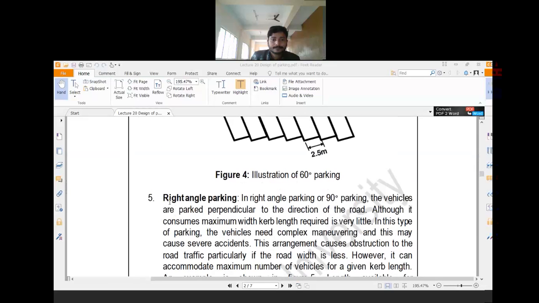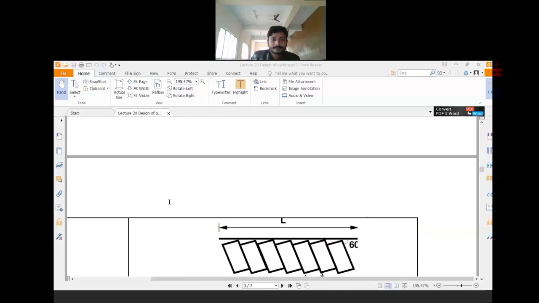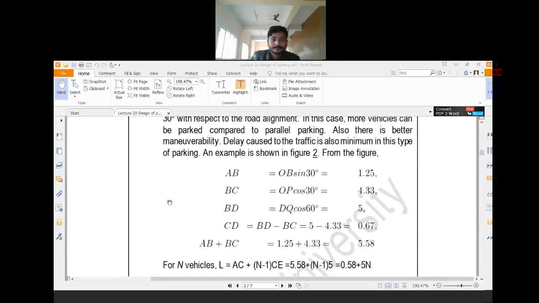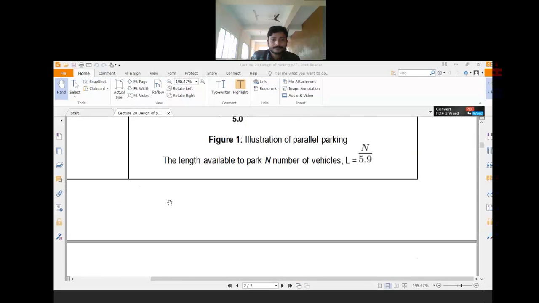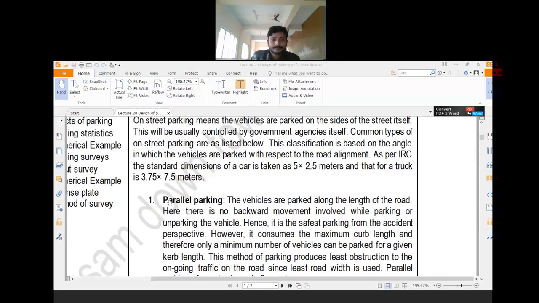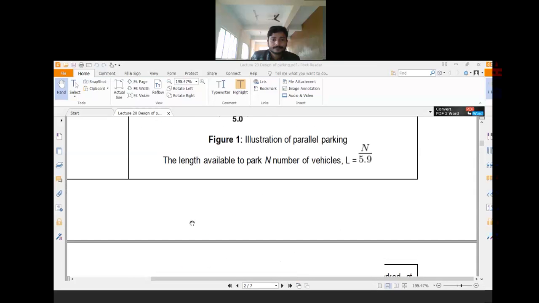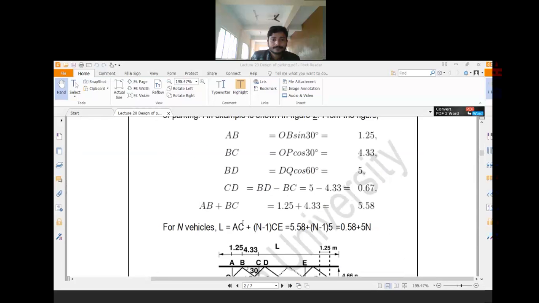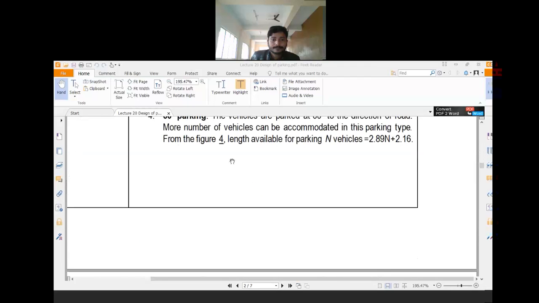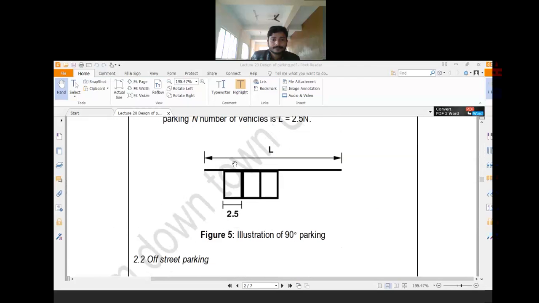So the most unsafe parking is 90-degree parking, and the safest parking is parallel parking. The most space or length is required for parallel parking, and for 90-degree parking less space is required. But 90-degree parking is the most unsafe compared to the other types of parking.